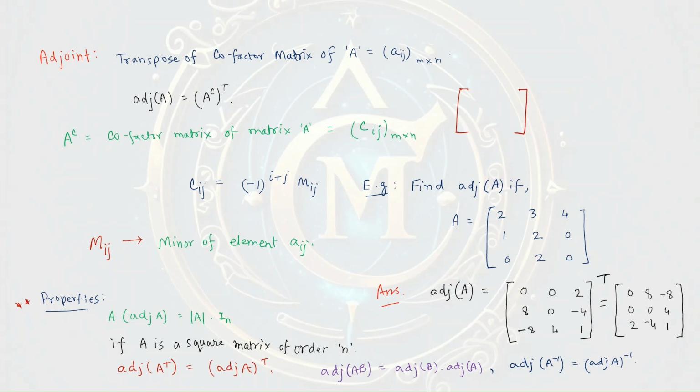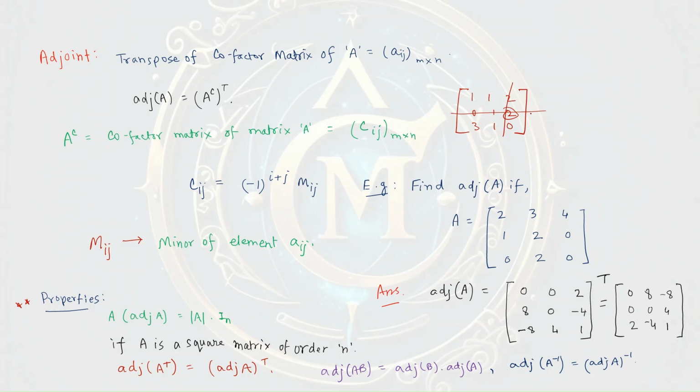For example, if you are taking a 3 by 3 matrix like this, then how do we calculate the minor of any element, say this element? You have to simply not consider the row that the element is in and the column where the element is, and then calculate the determinant of the rest of the matrix.